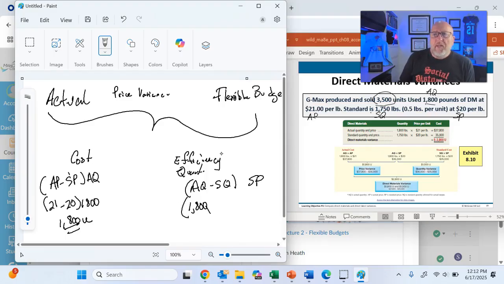The standard quantity to produce that many units should have been 1,750. Again, I'm thinking this is unfavorable because my actual quantity is more than my standard quantity. Then the standard price is $20.